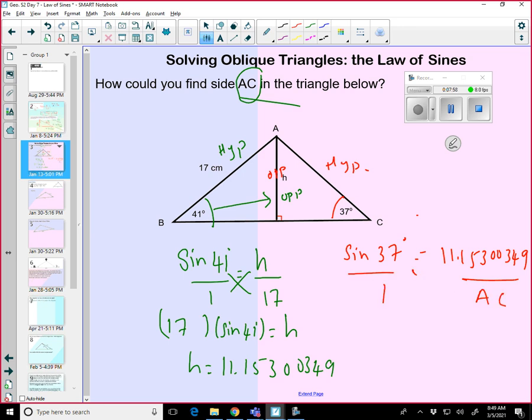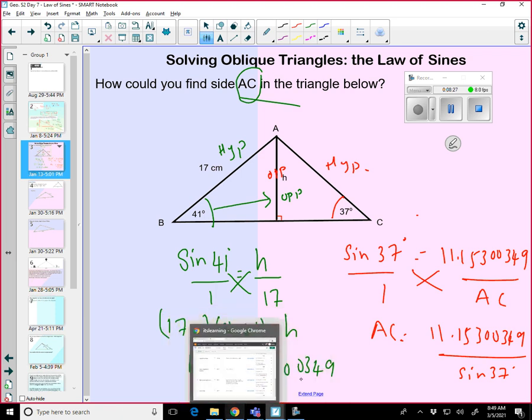Cross multiply to get AC equals 11.1530039 divided by sine 37 degrees. Substituting that in the calculator gives us 18.532. So AC is going to be 18.532 centimeters.